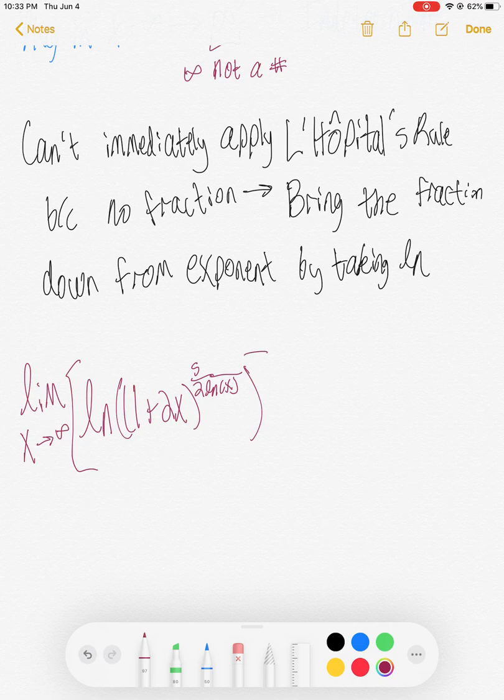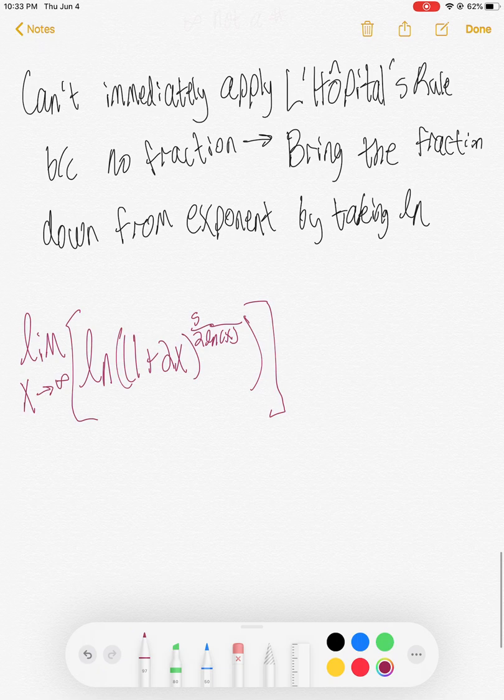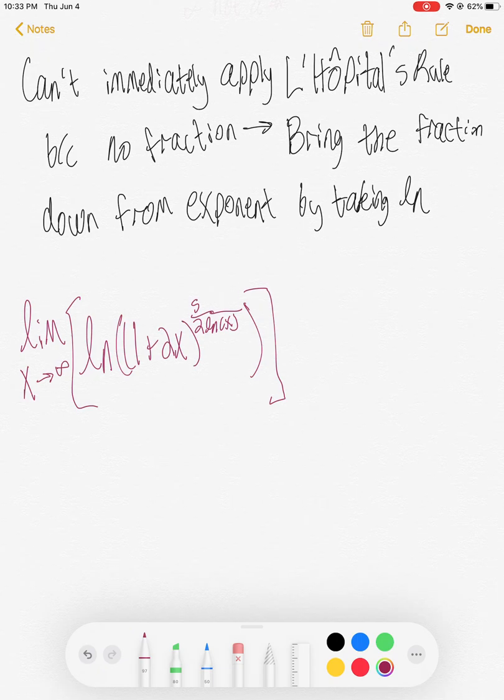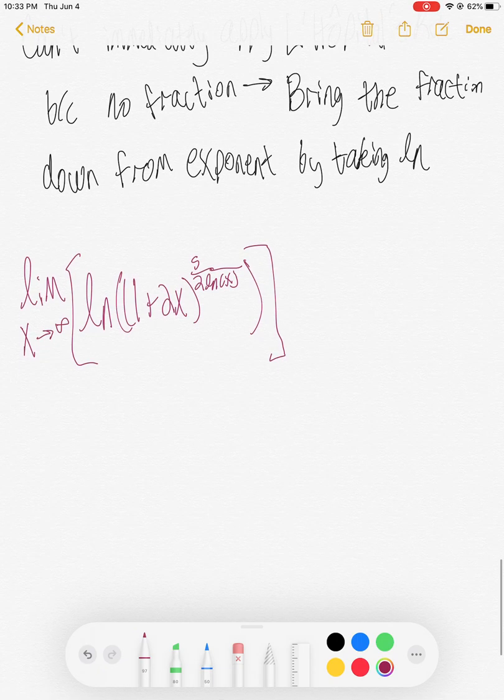I want to be clear for a minute. This is in parentheses as well, like this, so the exponent is inside the natural log.